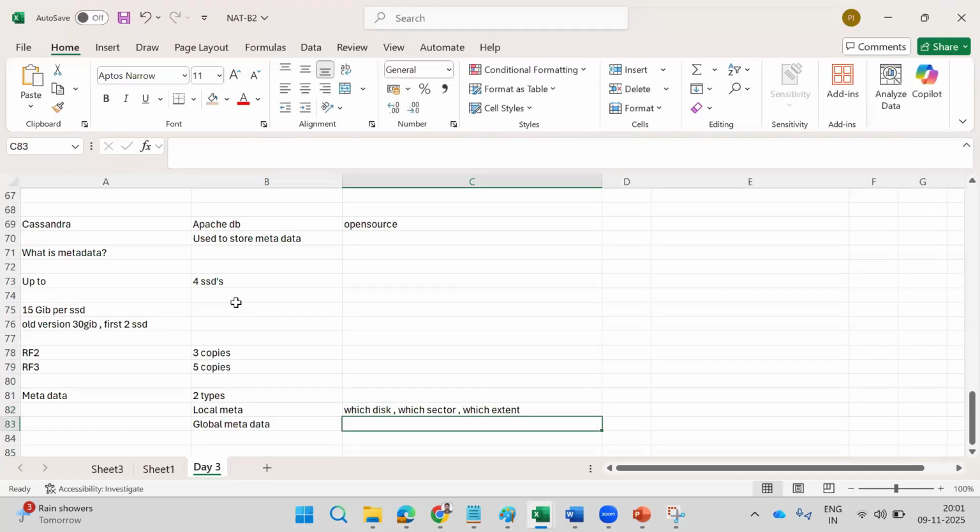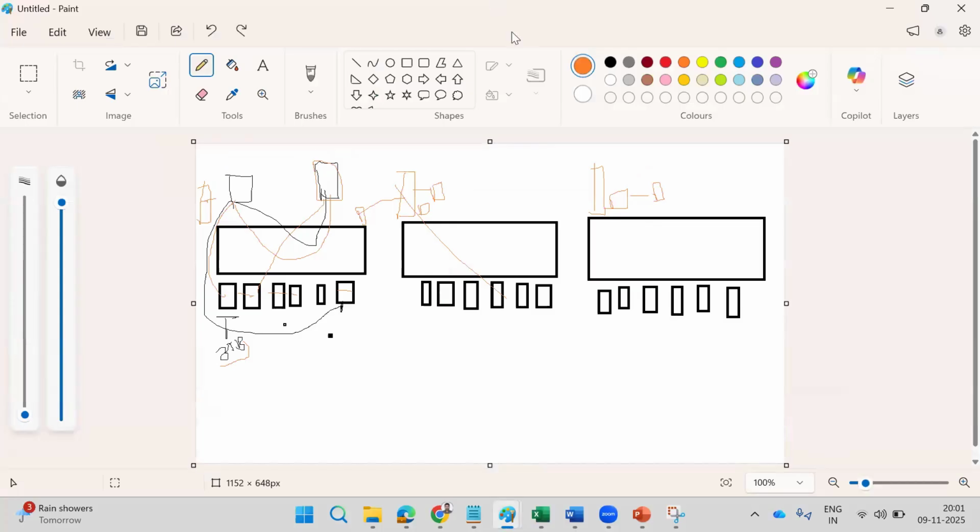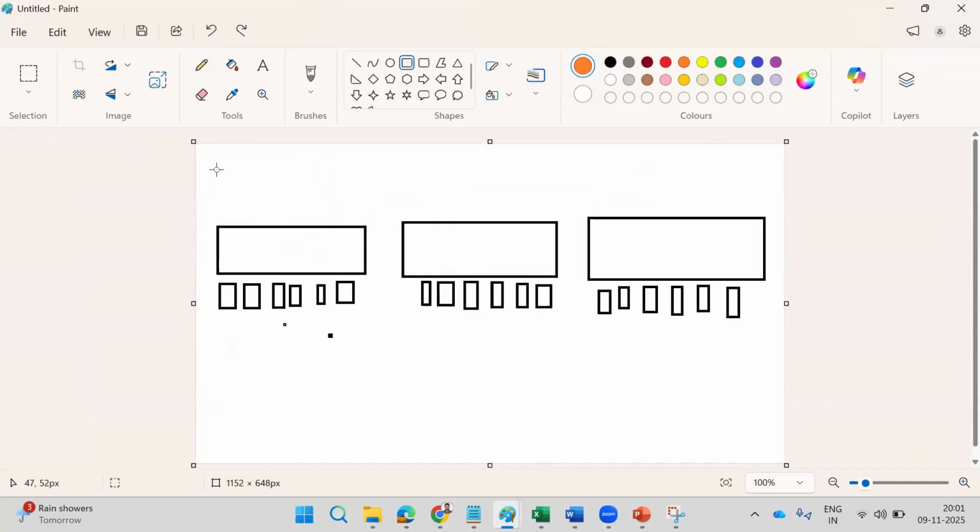Global metadata will contain information about the node. Let me show you here. Let's take the node. In every node, here we have local metadata, here we have local metadata, here we have local metadata.